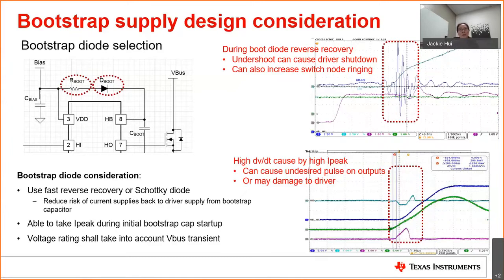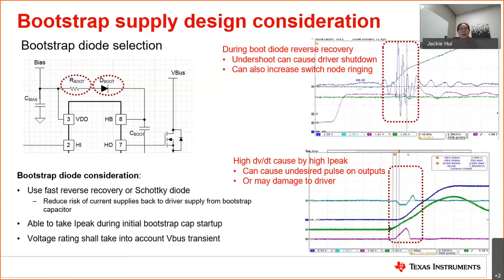Our recommendation is that you choose a diode voltage rating that is similar to your MOSFET rating, so it will account for the VBUS transients as well. And in terms of power rating, our recommendation is to make sure the diode will be able to take on the peak current when the boot cap is initially charged.